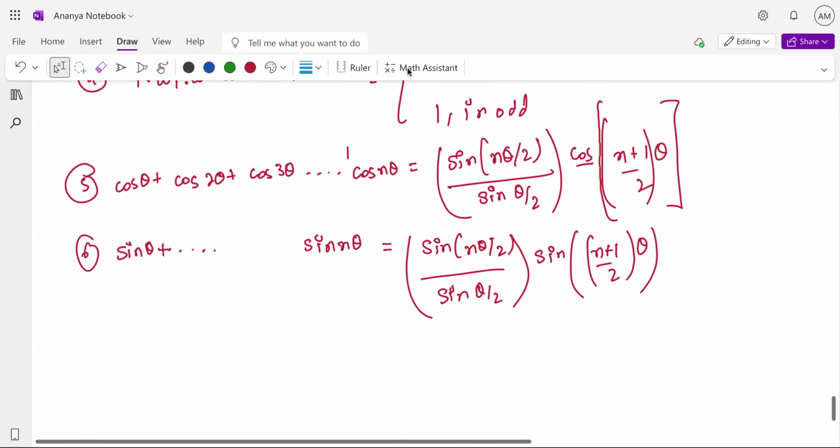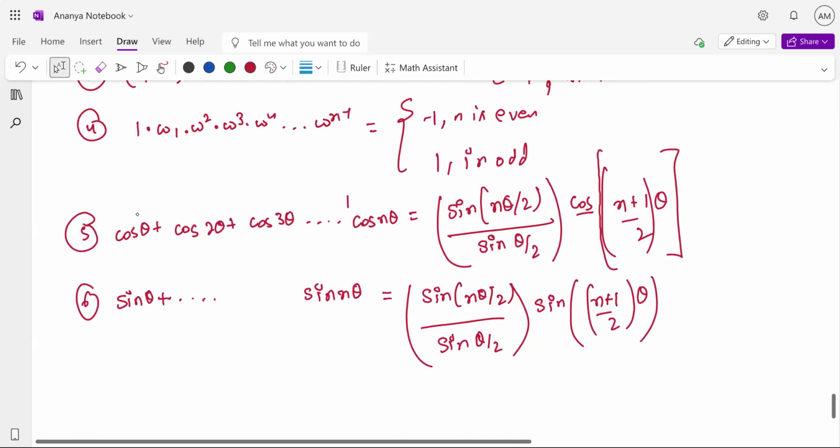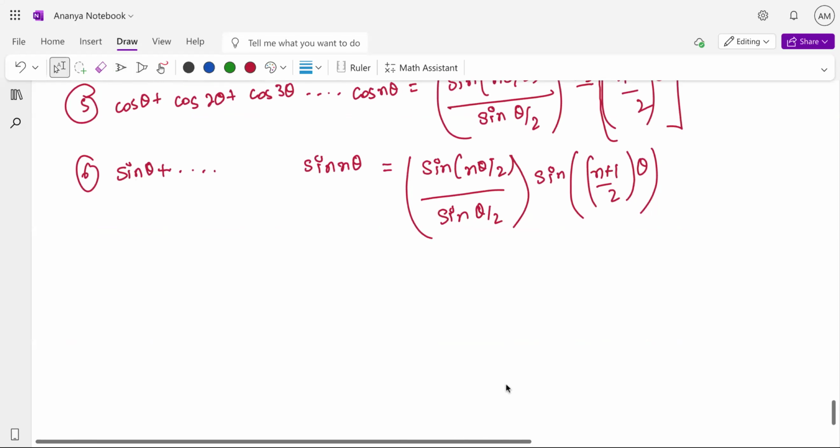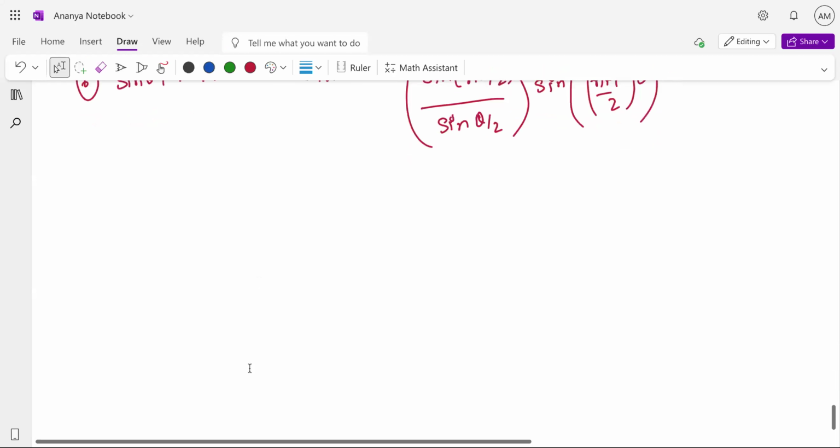The properties are done. The next topic is the square root of any complex number. How will you figure out the square root of it? Let's call it the ninth thing we're discussing: square root of z.